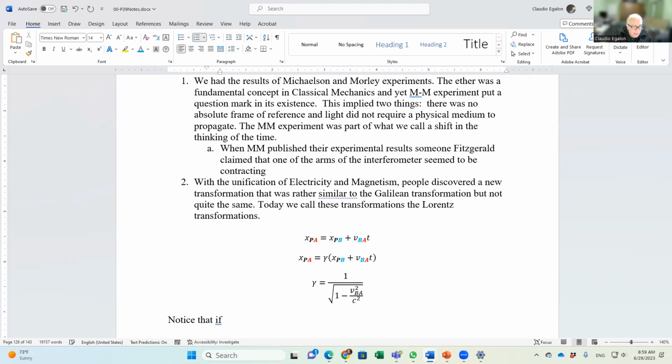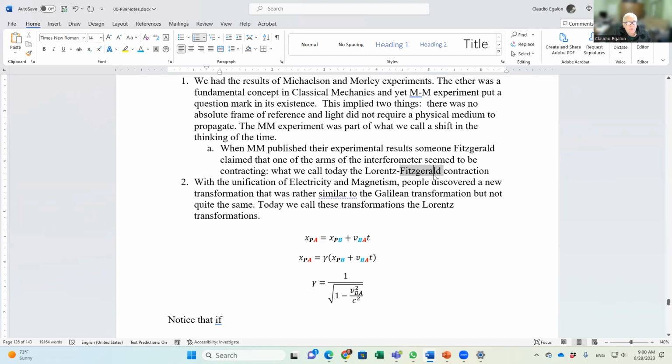What we call today, think about that, objects contracting as they move in space, the Lorentz-Fitzgerald contraction. I'm going to put that here. That's not fair, right?